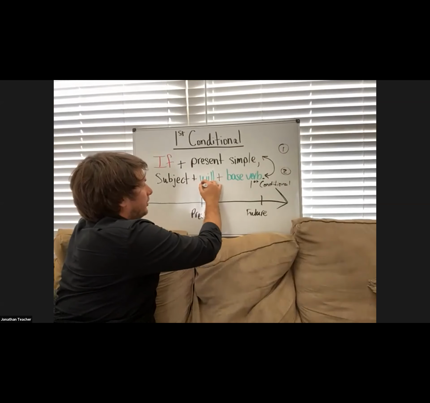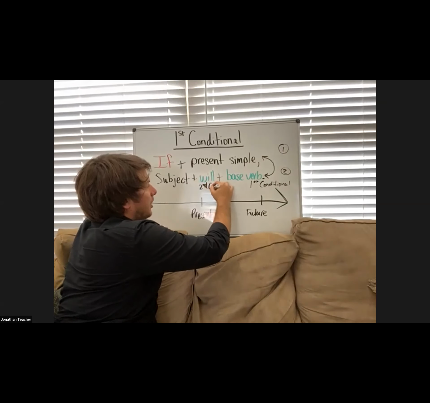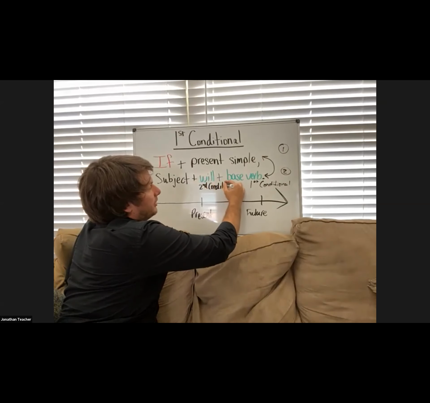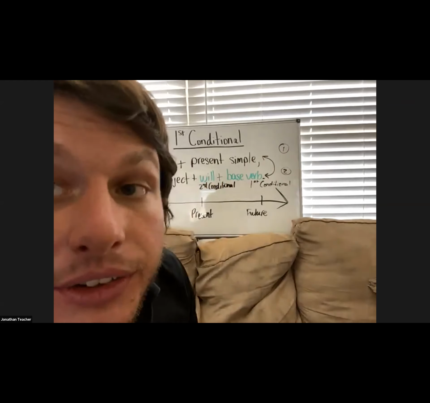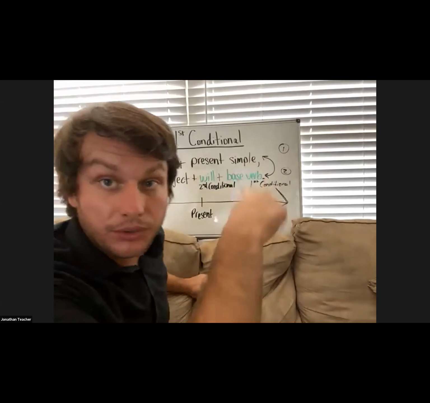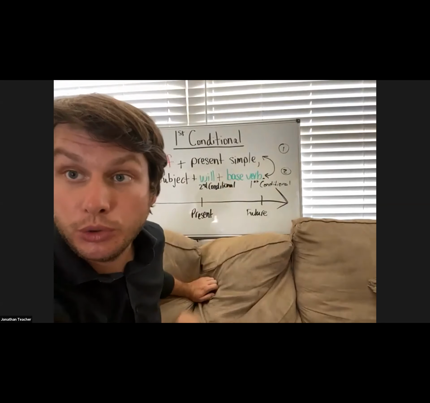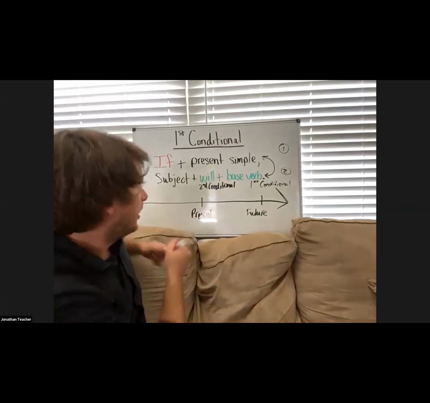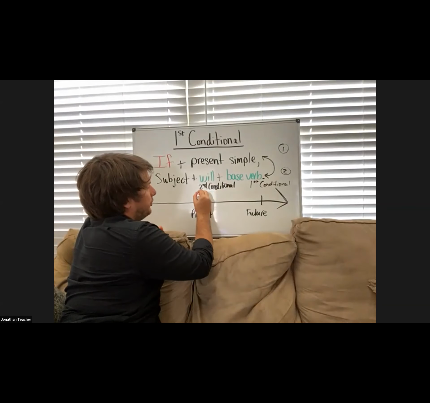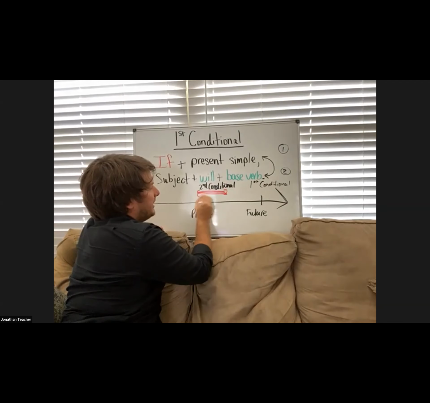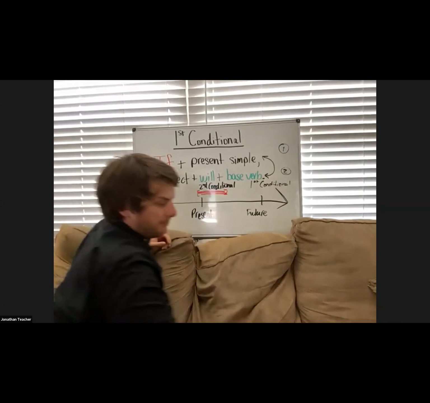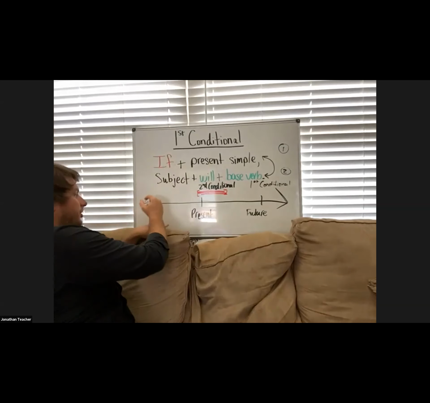Second conditional is the present or the near future. So second conditional is the present, what you would do right now, what you would do if something happened, or it could be the near future. So second conditional is here, the present to the near future, and the third conditional is here for the past.